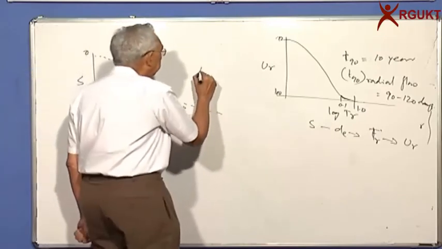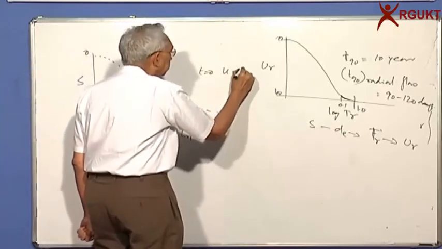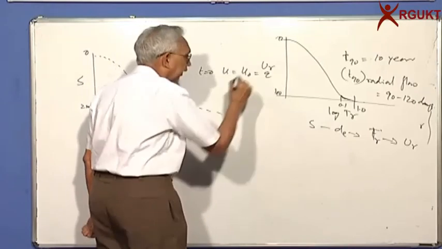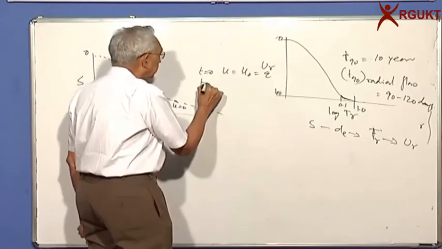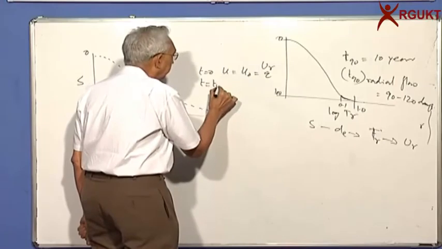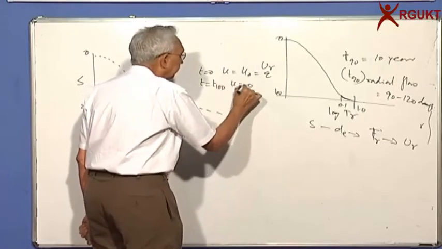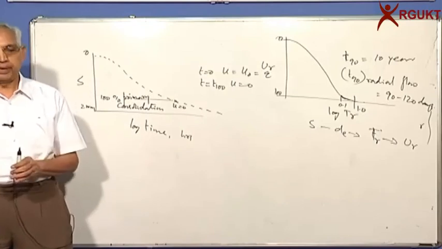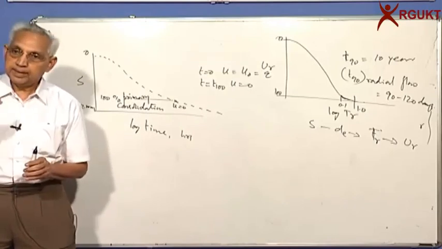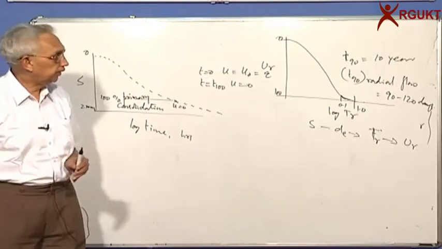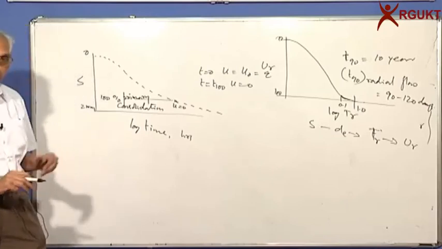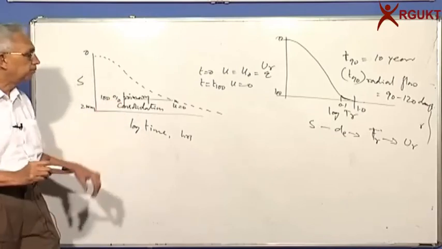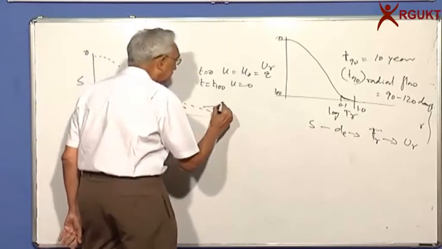At t is equal to 0, u is equal to u naught, which is equal to applied load. At t corresponding to T100, u is equal to 0, which means all the pore pressure got dissipated. But the soil continues to deform, and so we call that anything after the primary as secondary compression.